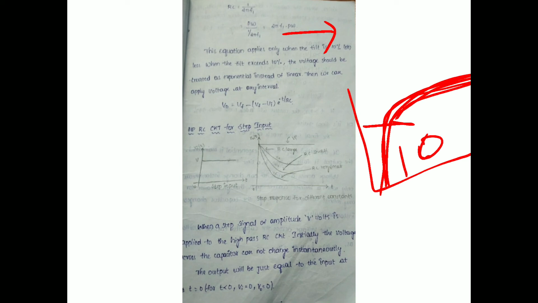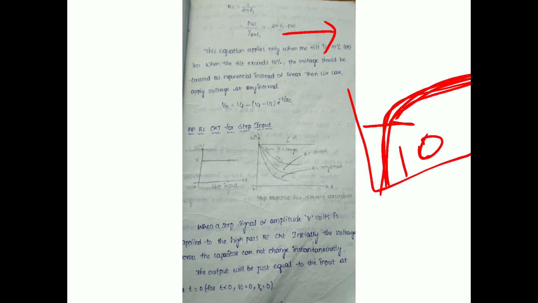Next topic is the high pass filter circuit for step input. Now we are applying the step signal to the high pass filter. Before, we applied a sinusoidal input to the high pass filter and observed the response in terms of the lower cutoff frequency.